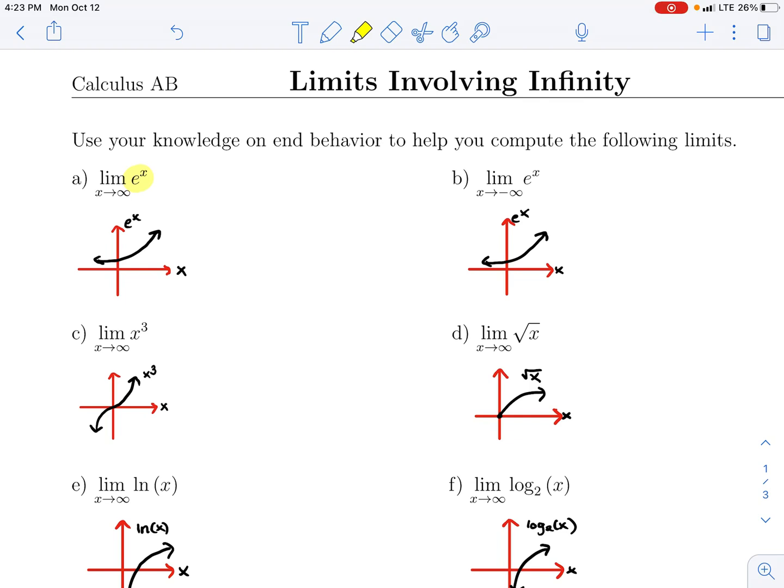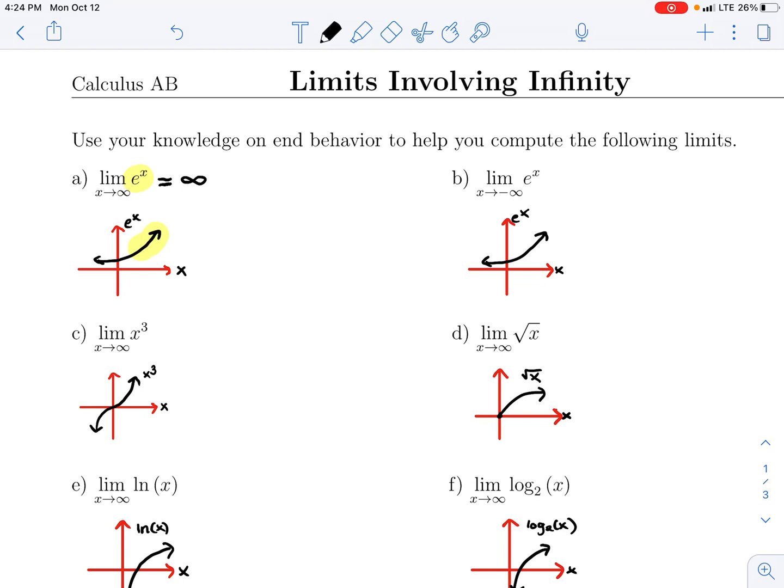Where is it approaching? And so here I see that as my x values get bigger, my y values, or my function, is heading towards positive infinity. And so here I would say that the limit as x approaches infinity of e to the x is just equal to infinity.